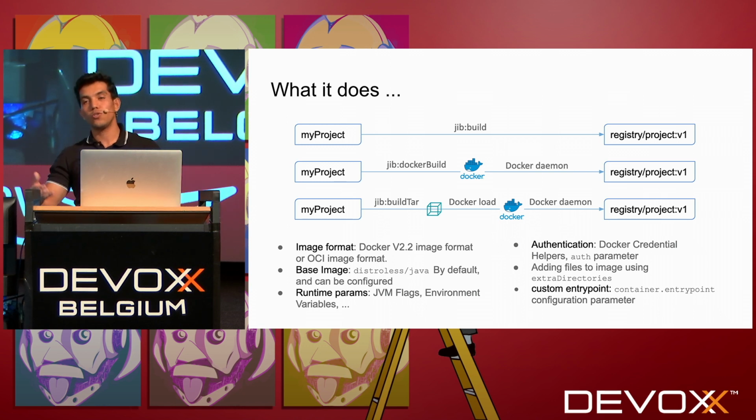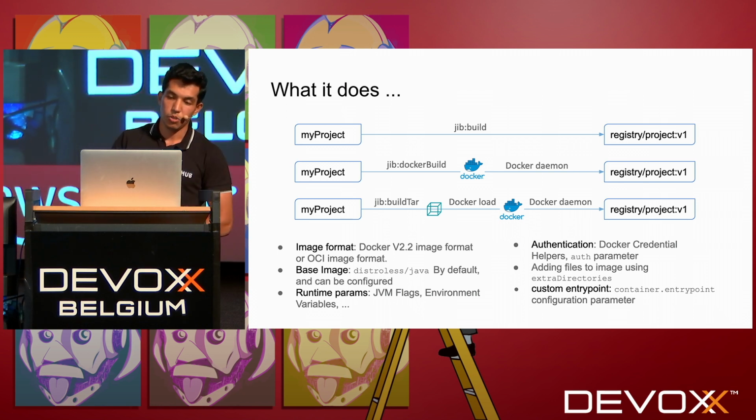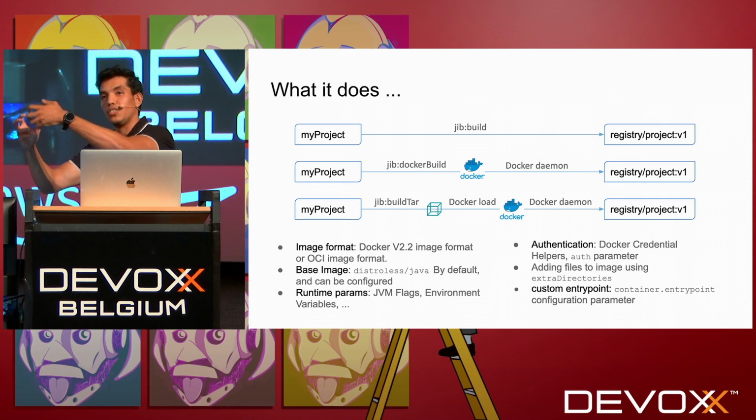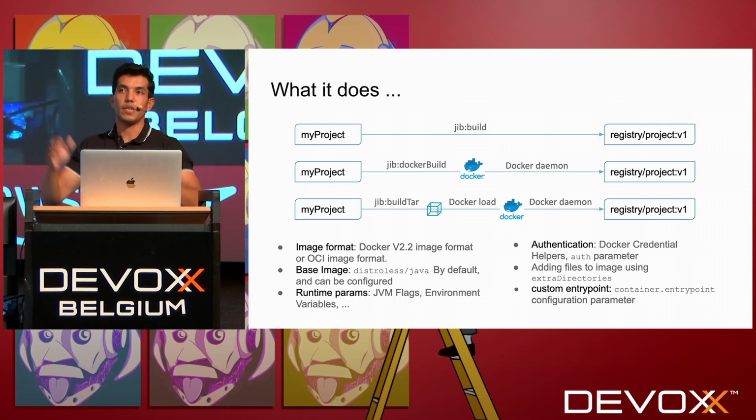The Docker build goal basically makes a call to Docker to build the image and save it locally, so we can use it locally. Because Jib doesn't use Docker with the build goal, it needs a place to save the image, which is generally a registry somewhere on the internet.